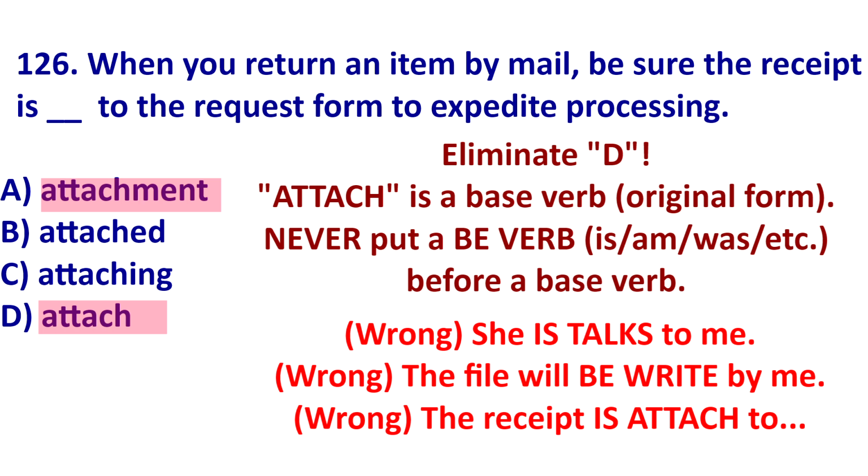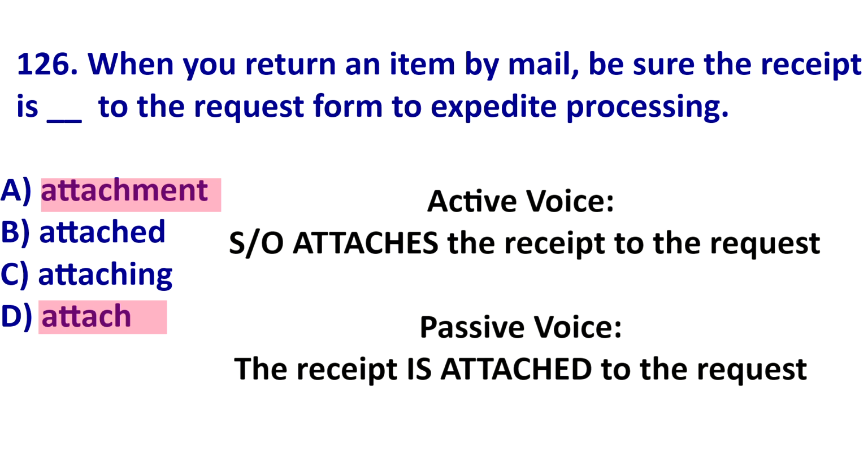Now you have to decide between B and C. The best way to think of this is somebody attaches X to Y. For example, I attach the paper to the box. So someone is the subject.